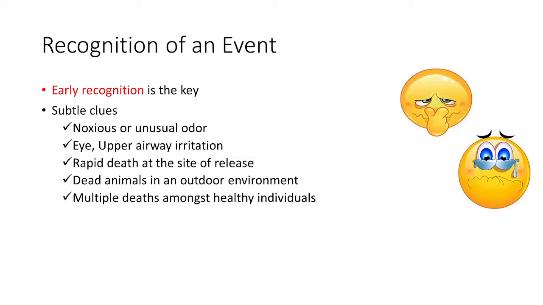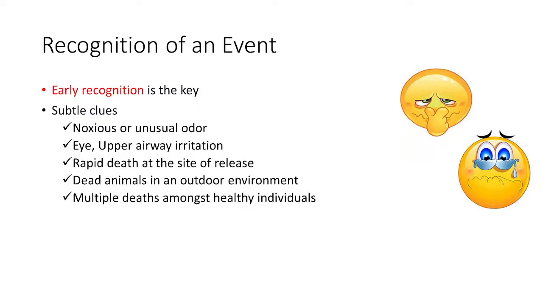The second important thing is, if there is a release of chemicals, how will you know that something is wrong? Very simple. A lot of people will come with the same signs and symptoms, like lacrimation, drooling of saliva, increased diarrhea. Most of the people will come in with the same signs and symptoms.